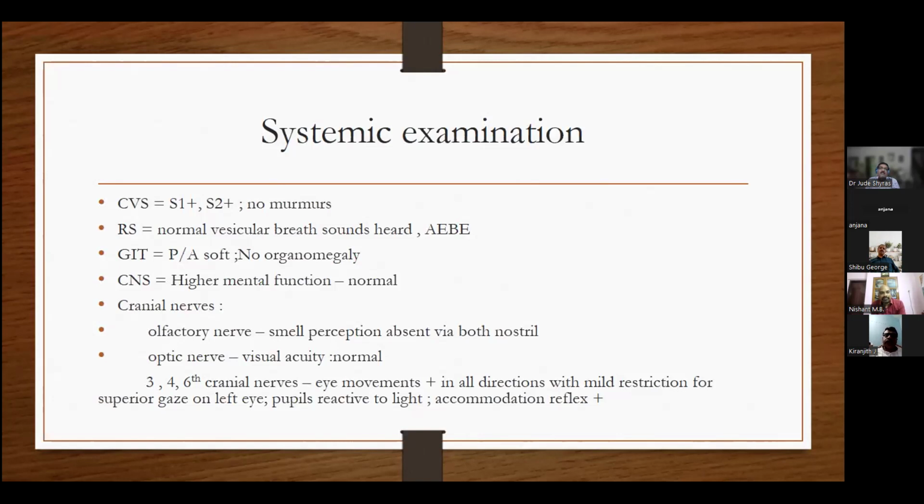What should you not use in testing smell? Irritants should not be used. Why? Pungent smell sensation.